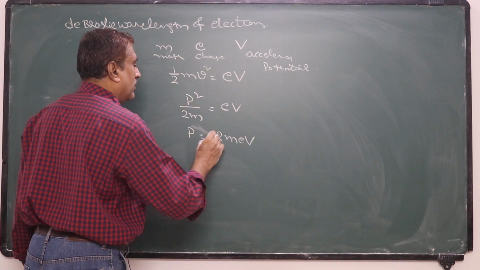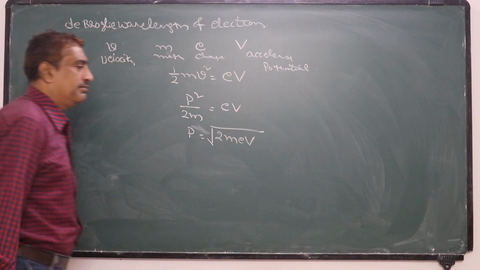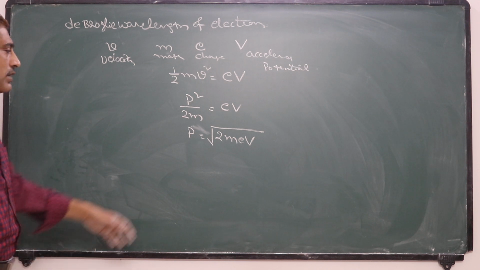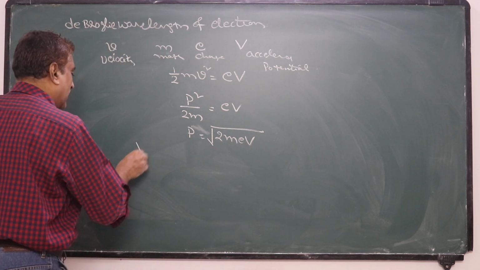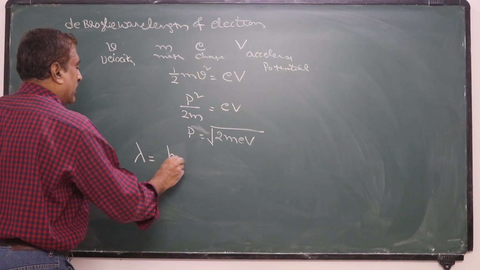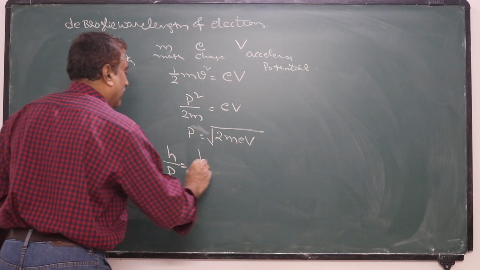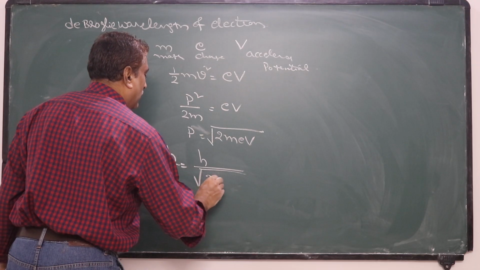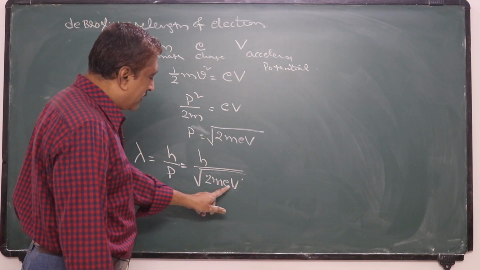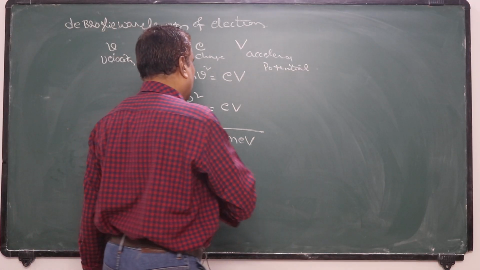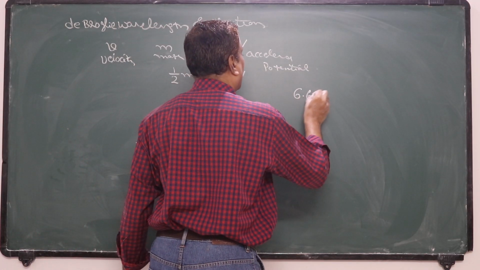So p is equal to the square root of 2meV. Now the wavelength of the electron, lambda, is equal to h by p, that is h by square root of 2meV.